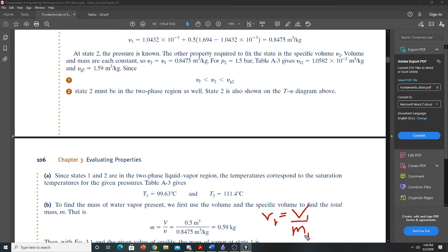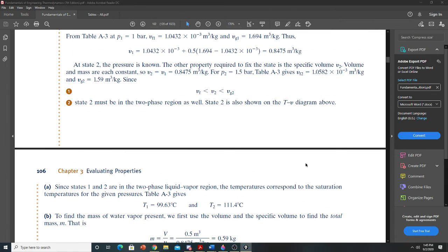So they rearrange the equation and solve for mass. You end up with big V over little v, and the units cancel out to give you kilograms, right? Does that make sense? So the specific volume was the correct way to move.